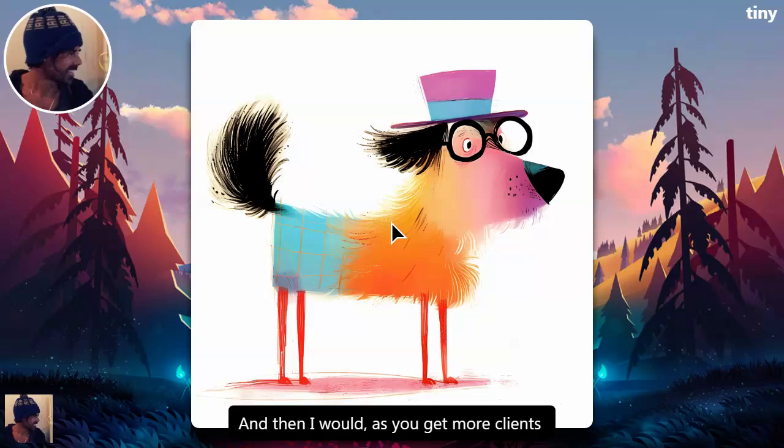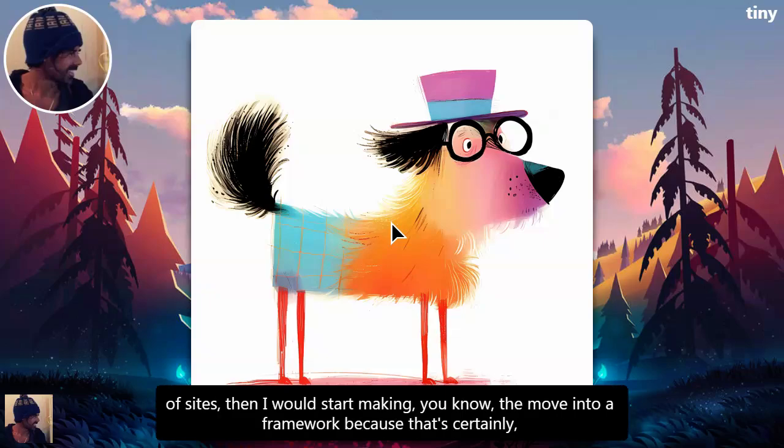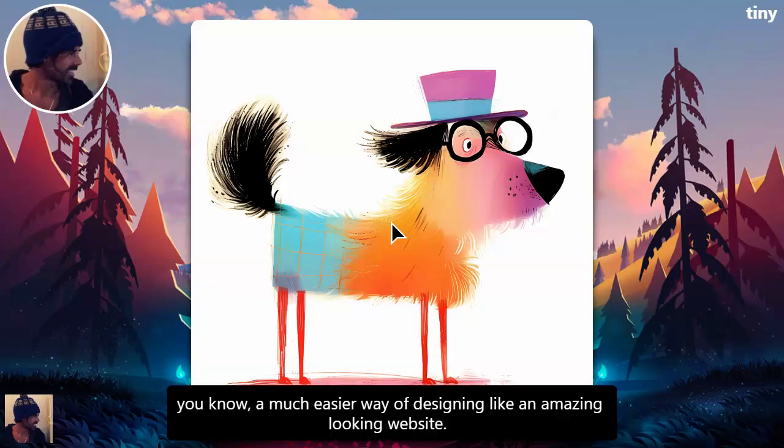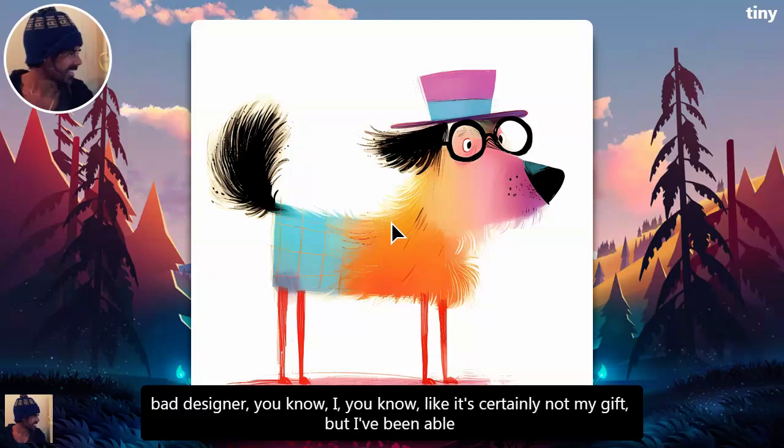And then as you get more clients and as you get more attention from a specific niche, market, vertical, industry, or whatever, who may want more sophisticated, more beautiful sorts of sites, then I would start making the move into Framer, because that's certainly a much easier way of designing an amazing looking website. I mean, I'm colorblind. I'm a bad designer.